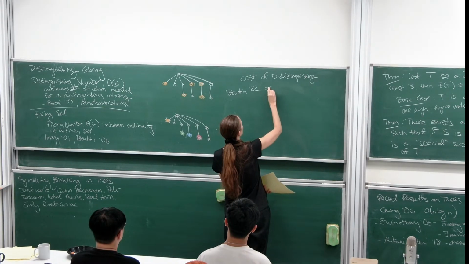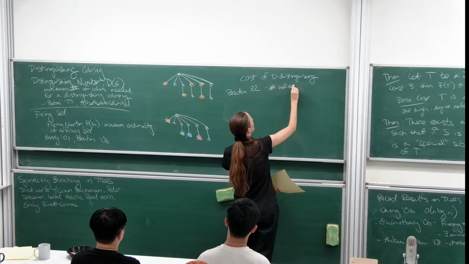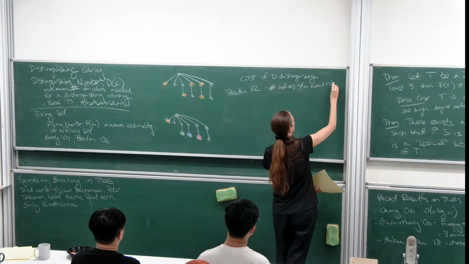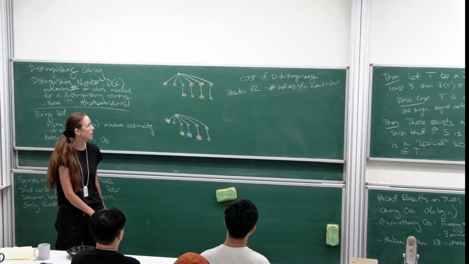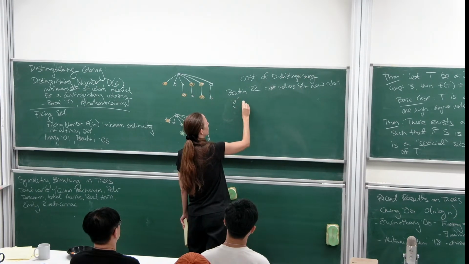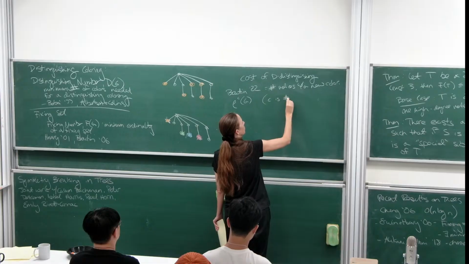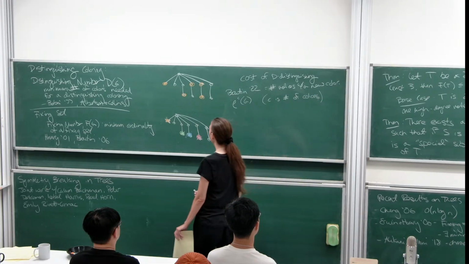And so this is the number of vertices with a new color or a special color. And then this is denoted rho, with the number of colors of G, and here C is the number of colors.